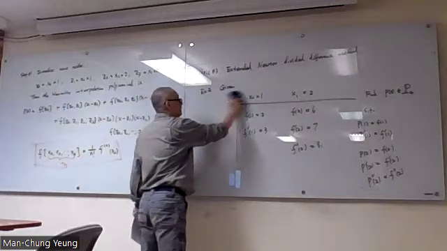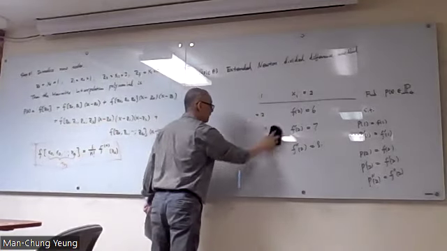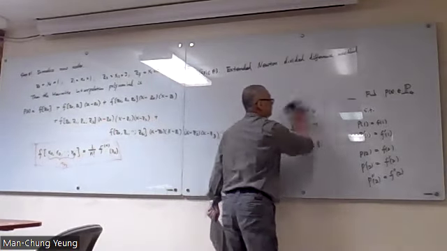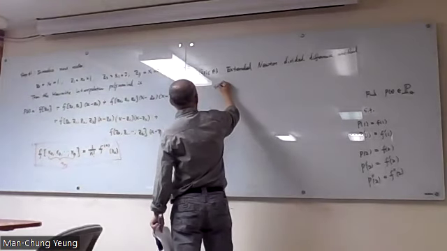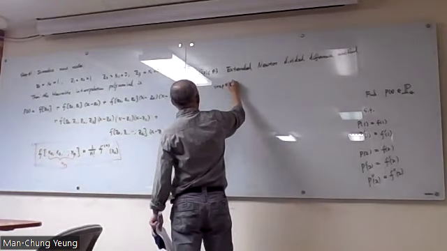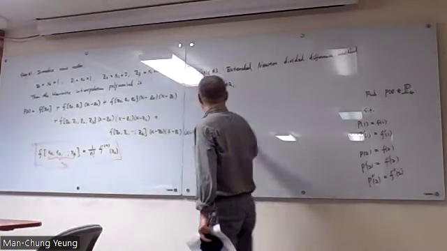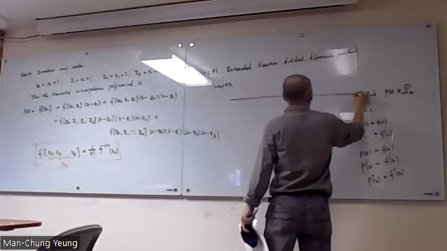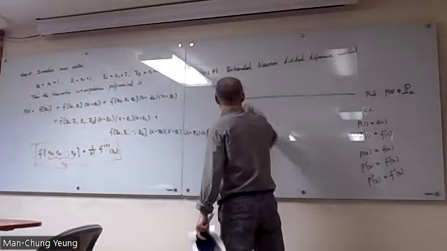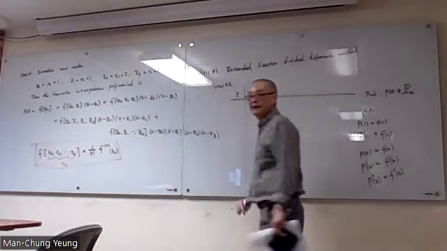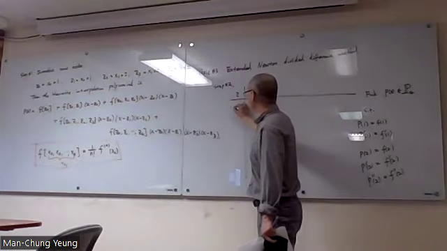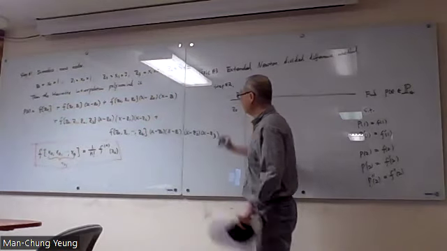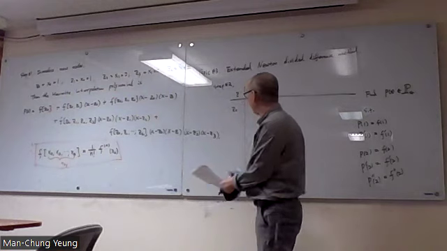Now, step 2: compute the coefficients. Here, make a table. This is C. C0, what is C0? 1. This is a 1.